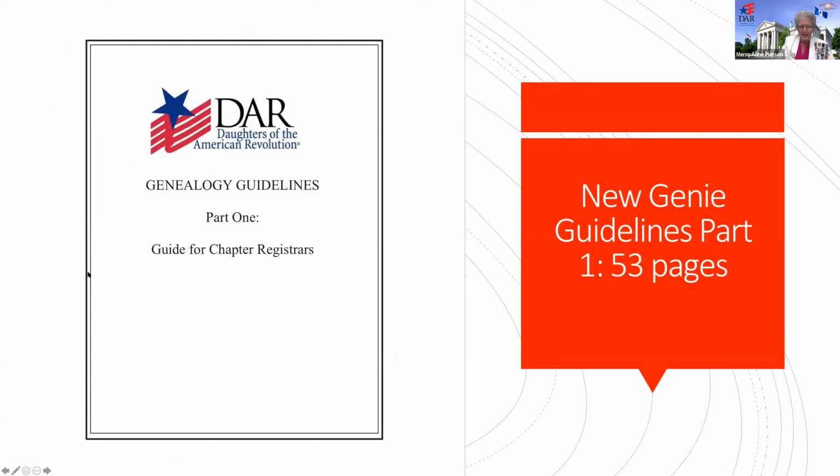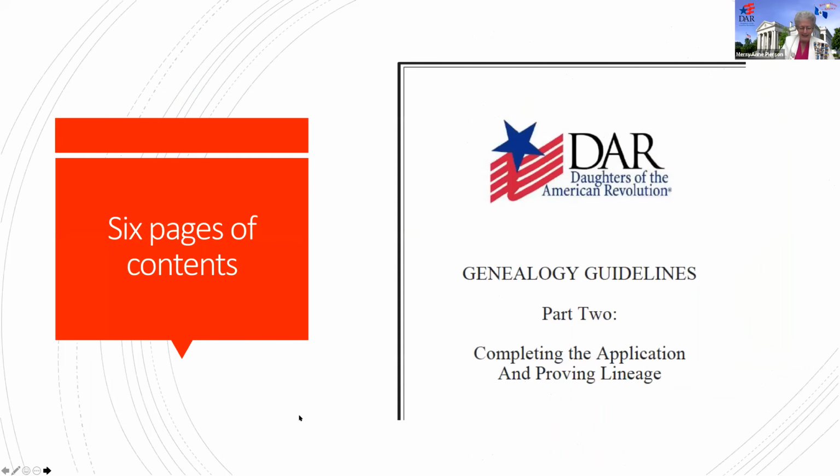So the genealogy guide part 1 has 153 pages, and I put a semicolon in there where it doesn't belong. This part 2 has 6 pages of contents. And the other day I was trying to figure out who had to sign a member at large's application.